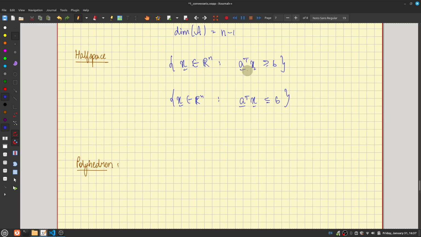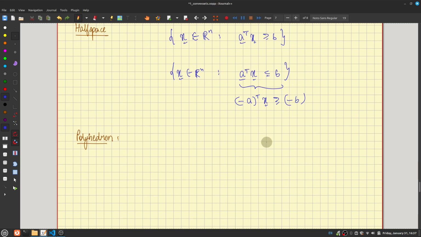But I can write it in this general form because this is the same as saying minus A transpose x is greater than or equal to minus B. Right? Okay.